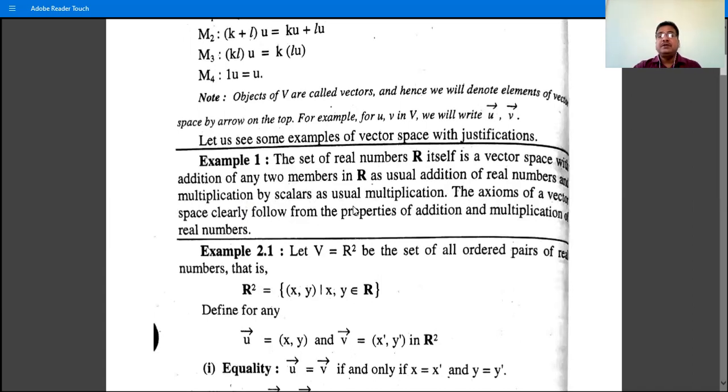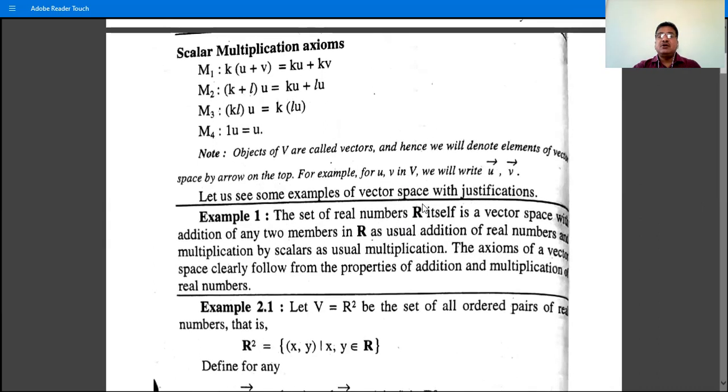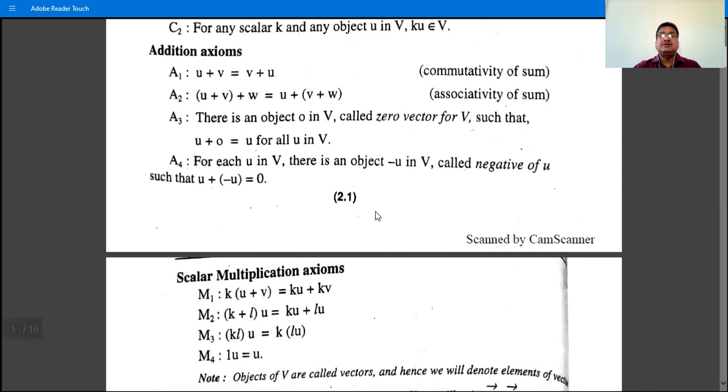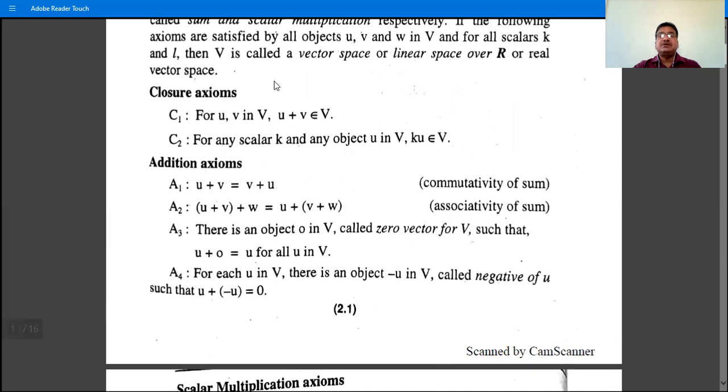That is, we know that 2 plus 3 is 5 and 2 into 3 is 6. This is the usual addition and usual multiplication in R. So with respect to these two operations, this R, the set of real numbers, becomes a vector space. That is, the elements of this set R, with respect to addition and multiplication, satisfy all these 10 properties.